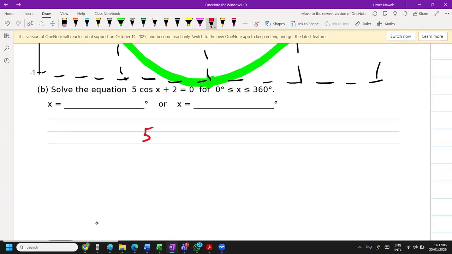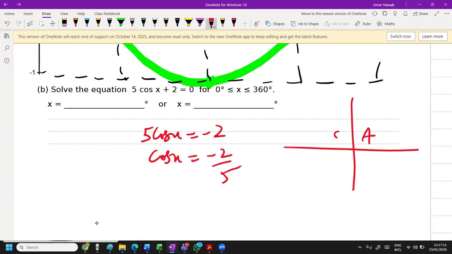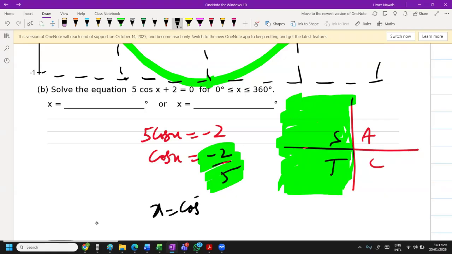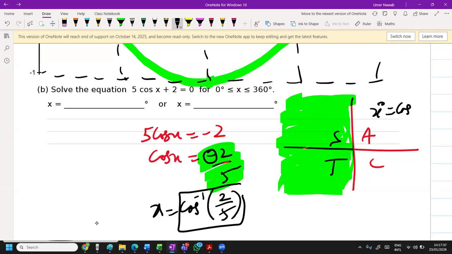Then after that, guys, 5 cosine of x is equal to -2, cosine of x is equal to -2 over 5. Now ASTC. Cosine gives you a negative answer in the second and third quadrants. But the calculator needs me to ignore this negative sign and just get my reference angle, x is shift cosine.